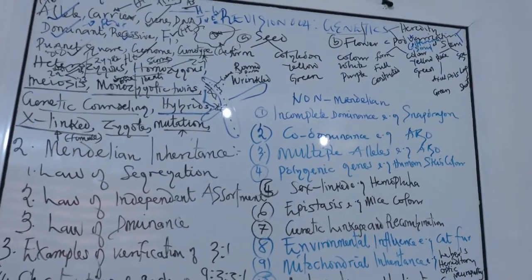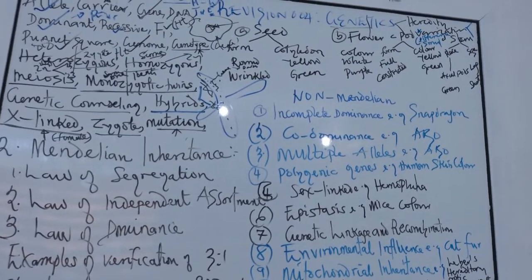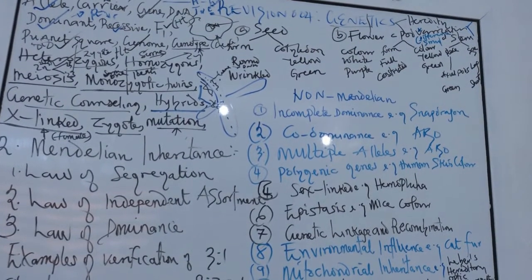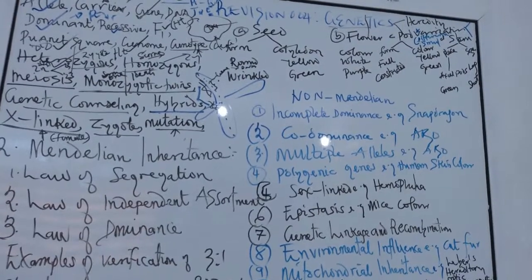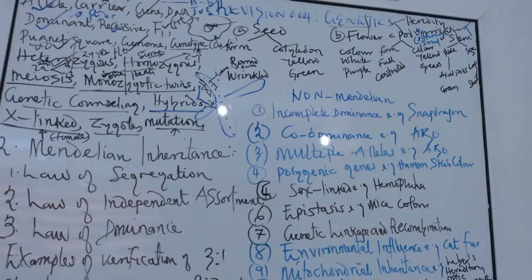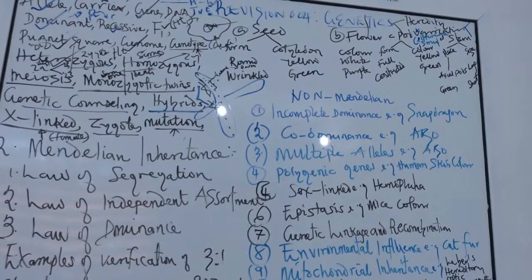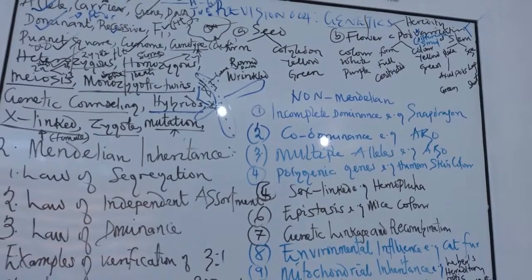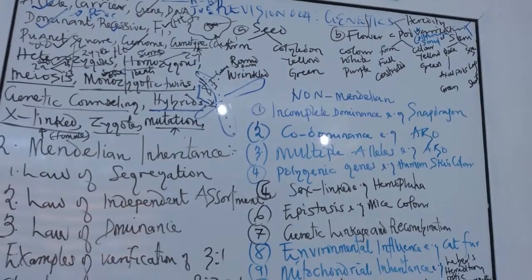Okay, and we started looking at Mendel's laws of inheritance, and I was about telling us that the first law is called the law of segregation. The law of segregation states that the two alleles for each gene will separate during the process of gametogenesis, so that the parent may only pass off one allele.